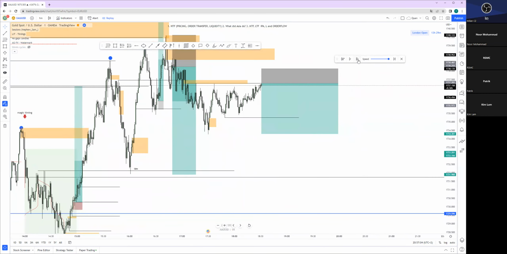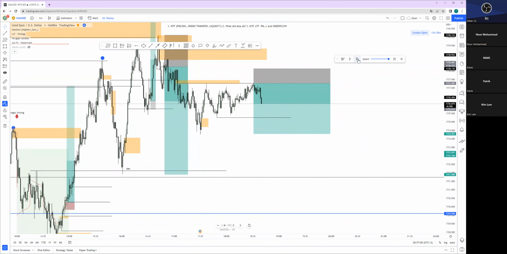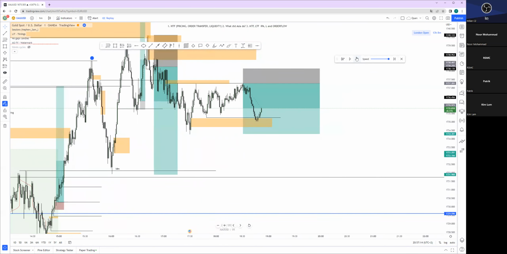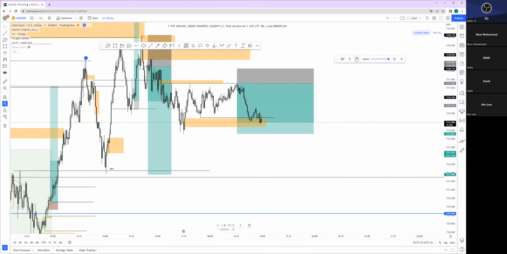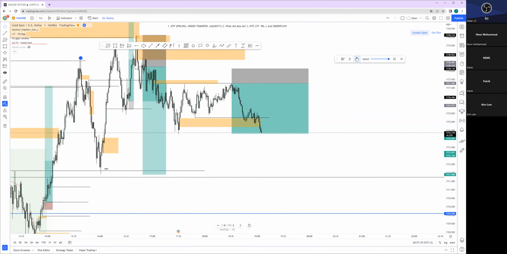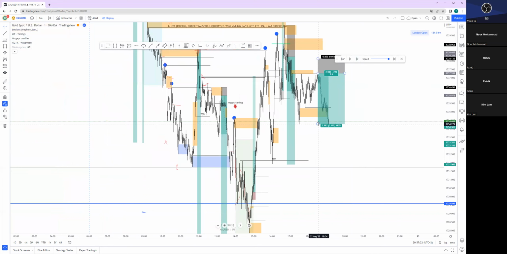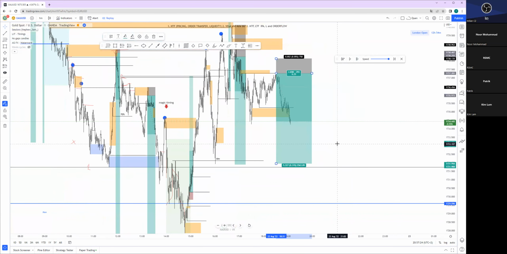Yeah. Let's play this out. Oh, okay, we're having some sort of reaction off this inefficient price action. That's your TP, a partial, and then target lows, the final lows, all right?